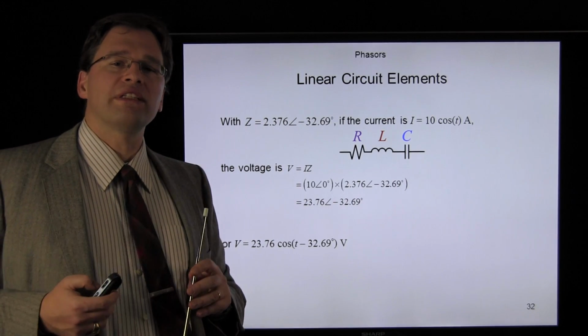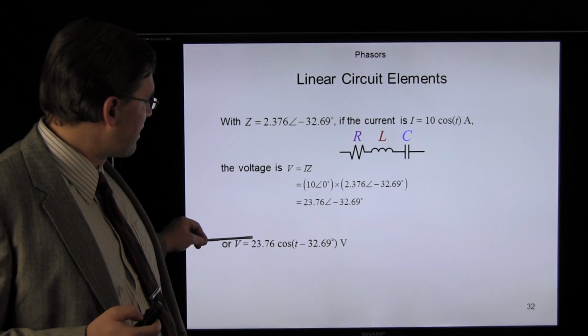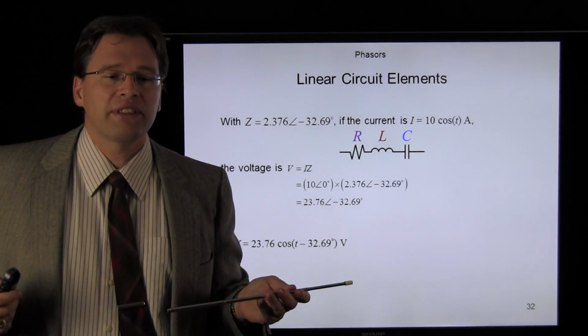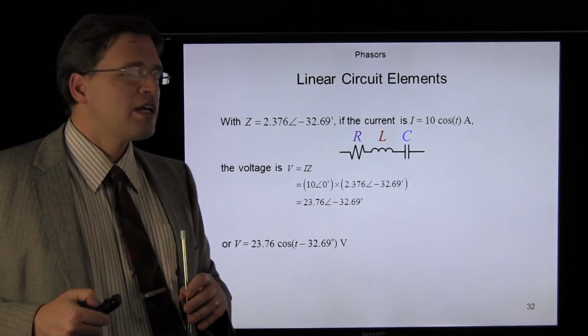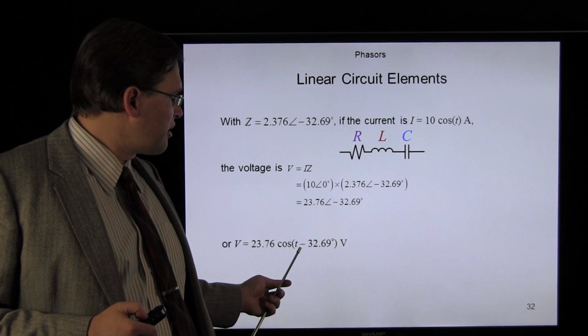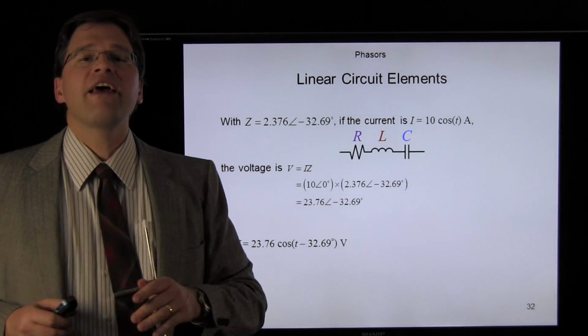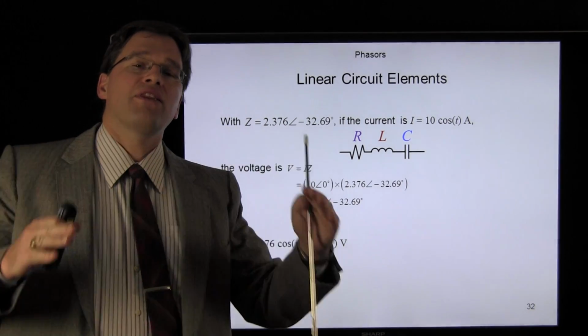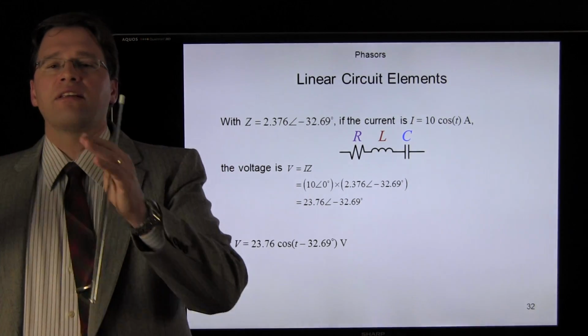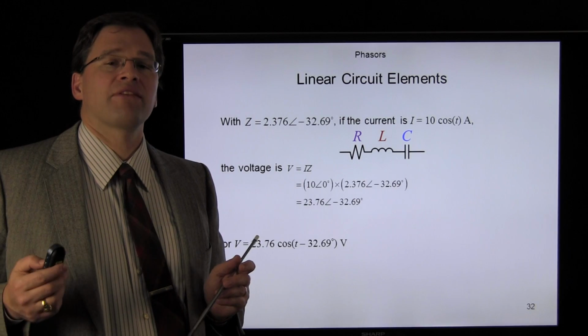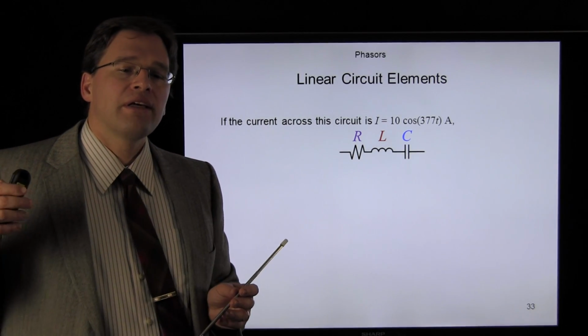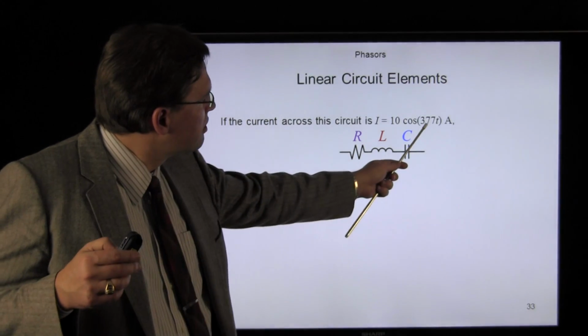So therefore the voltage is peaking at 23.76, and it has a phase shift of negative 32.69. That means it's lagging behind. The current peaks, and then after it, the voltage peaks.